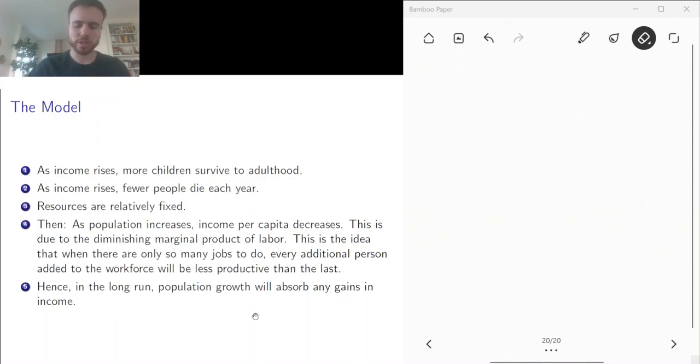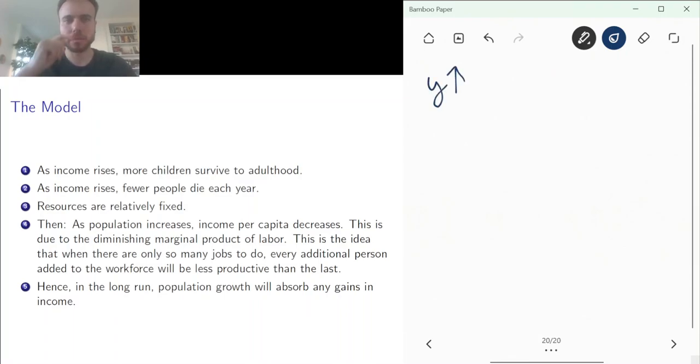The first component is that as income rises, and I'm calling income y, small y, birth rates, B, increase and death rates decrease.